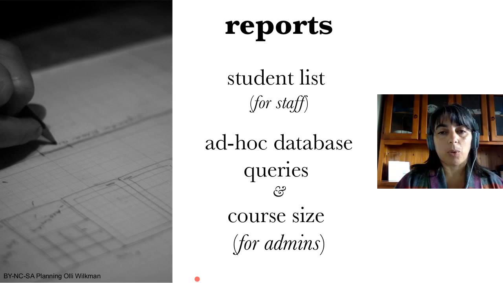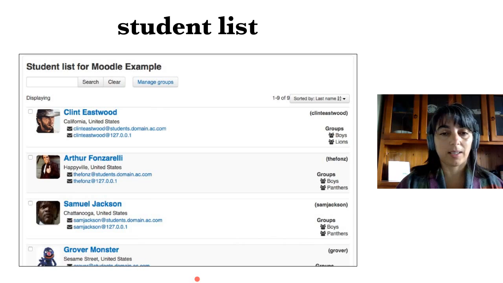We have some reports as well. So we've got a student list report, which we created internally. And this was something that we used to have quite a few more tweaks to core. So what we did on the participants list is we added additional information for staff.